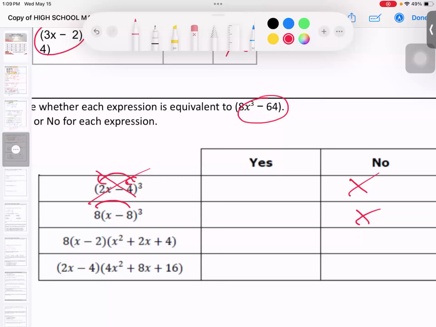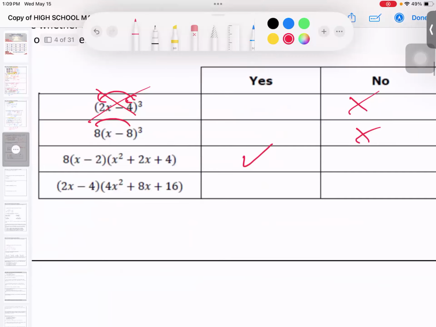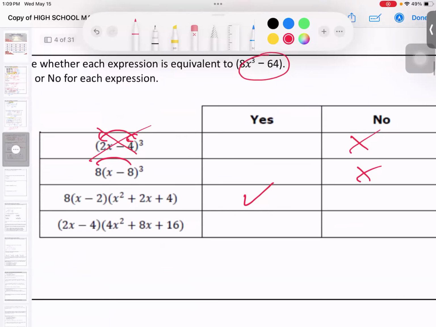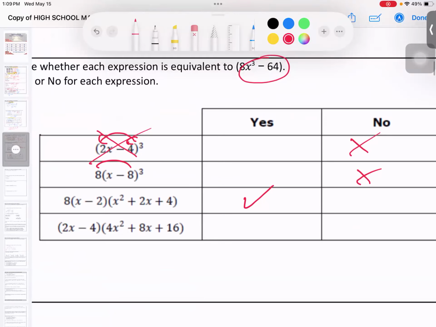A lot of you got this one as yes. Okay, why? So there are two ways, okay? Way one is you see that there's a GCF. What is the GCF here? 8. Right, but what is the GCF here? 8.